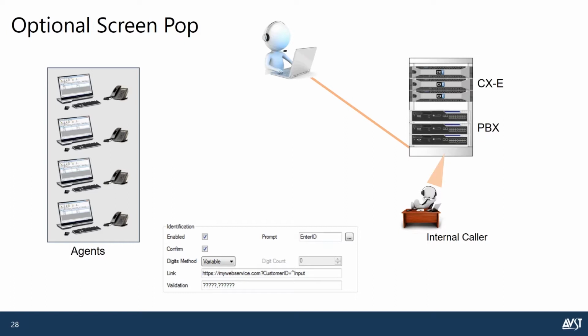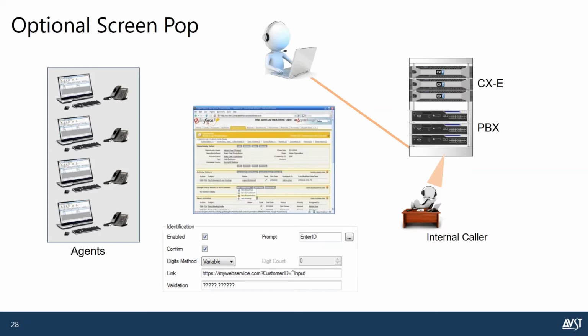And if I contact that web service and I pass in one variable, which is the customer ID number, then I'm going to pop the screen of their application. In this case, the one we did for our first demo was Salesforce.com. Salesforce.com has a nice web service that lets you do a screen pop. So as an agent, when I took that call, I right-clicked on the call, a little window came up, I hit a button, and I got a screen pop.